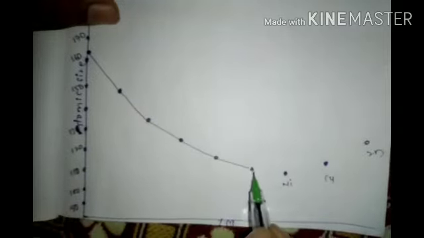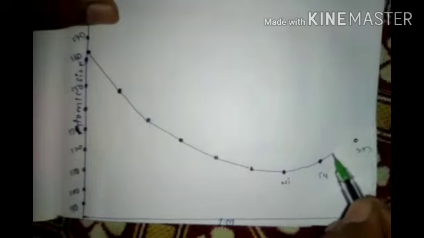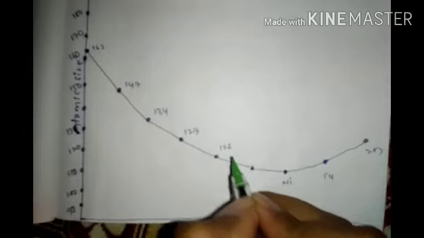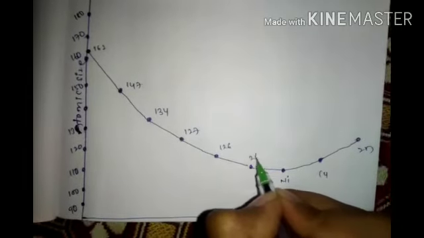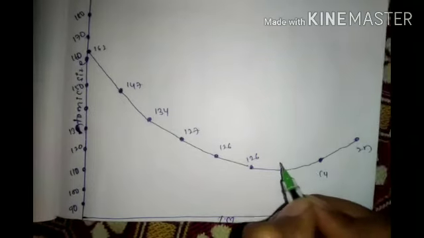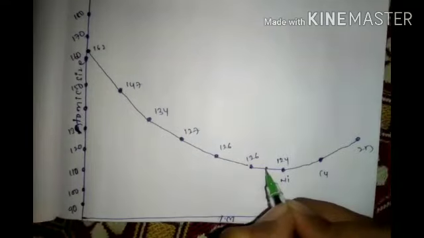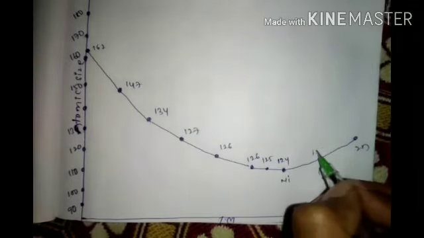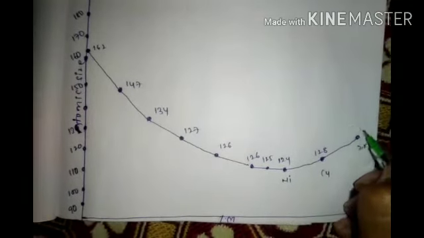This is not graph scale, just simply I am telling. The numbers are 162, 147, 134, 127, 126, 126, 126, 125, 124, 124, 128, and last 138.